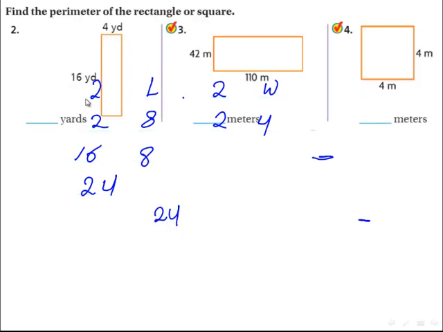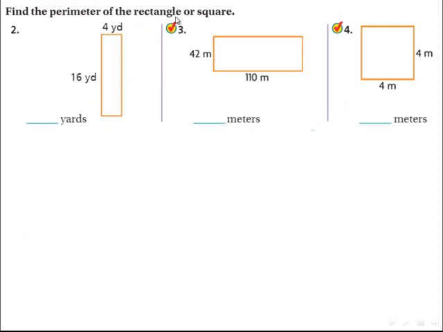Here we go. Practice more. Find the perimeter of rectangle or square. You can find the perimeter for the rectangle or for square. Look, the first one is 16 yards, which is L, and 4 yards, which is W. Great.